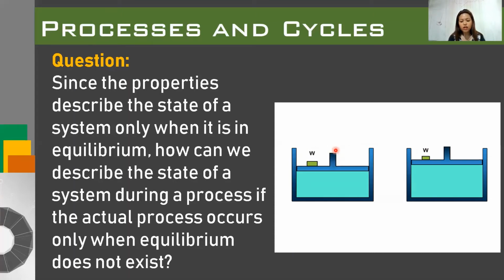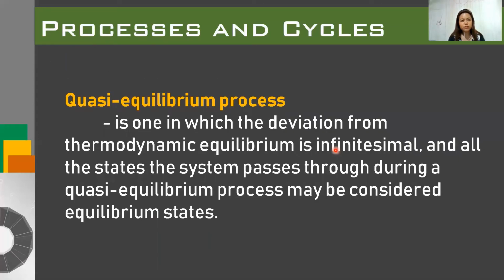But first, let us define quasi-equilibrium. A quasi-equilibrium process is one in which the deviation from thermodynamic equilibrium is infinitesimal, and all the states the system passes through during the process may be considered equilibrium states. Therefore, if the weights are taken off slowly, those could be considered equilibrium states.